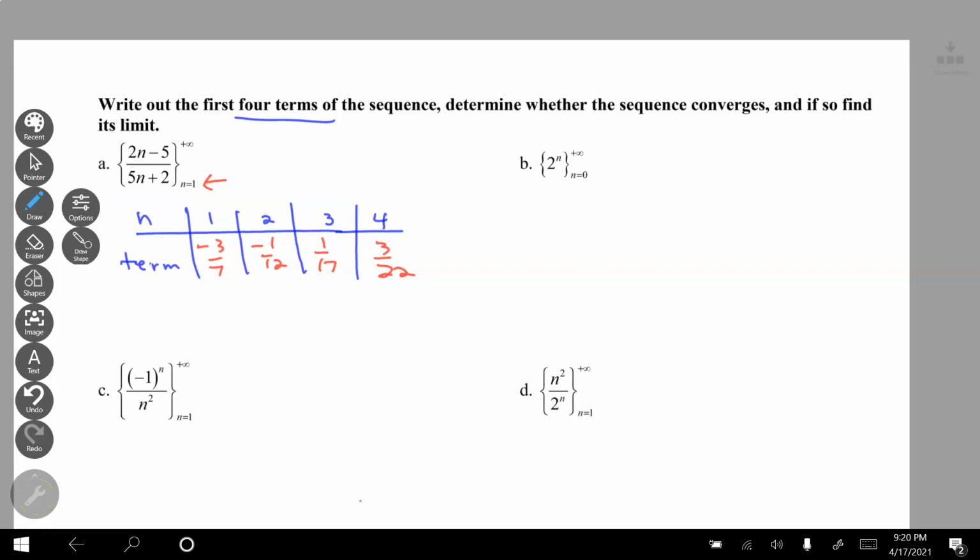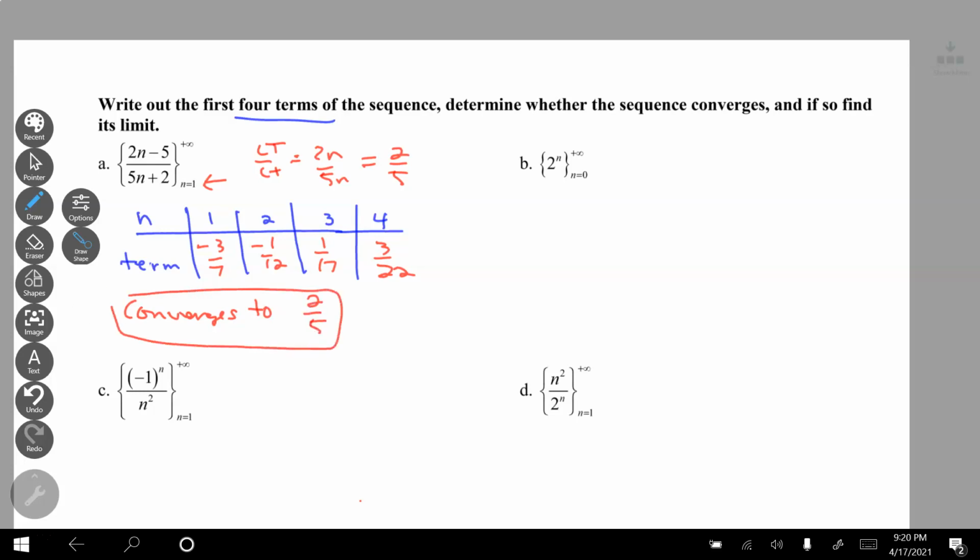I started at n equals 1. I plugged it into the calculator. I got these fractions, and then I did leading term over leading term. I see 2n over 5n, which is just 2/5. So this one converges to 2/5. At some point, it's going to get closer to the decimal point 4.